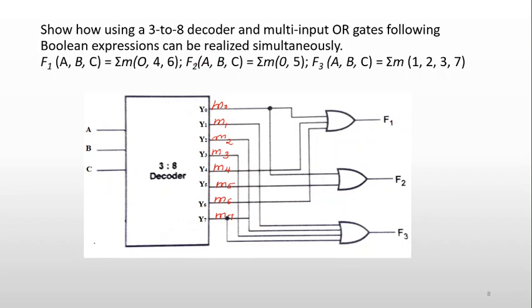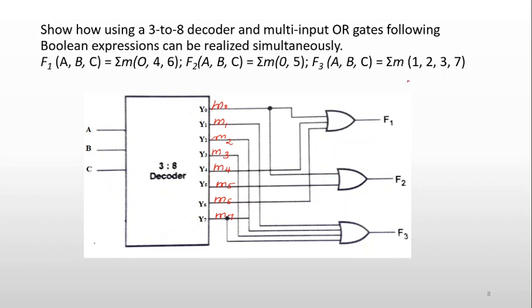Similarly, f2 is nothing but OR of m0 and m5. For that implementation, I have ORed y0 with y5. Then I'll get f2.